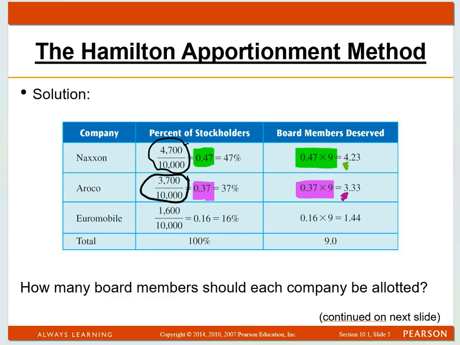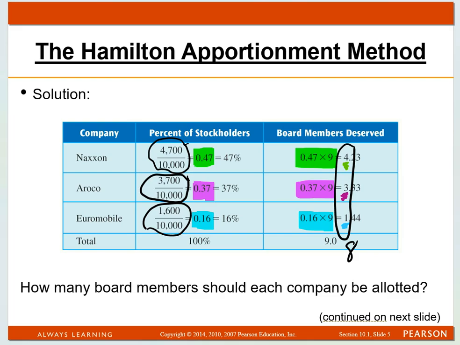And then you've got Urobile, which is 1,600 divided by 10,000. And they're going to have 16%. So take 0.16 times 9. And when they do that, they're going to get 1 whole seat. Now, when you add the 4 and the 3 and the 1, that only adds up to 8 wholes.